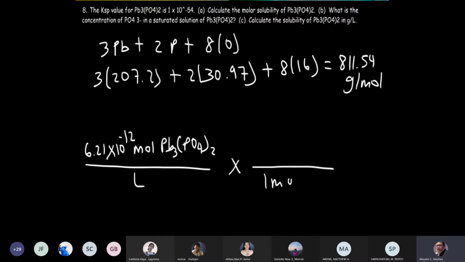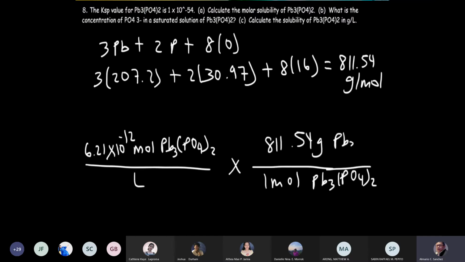So we're going to put 1 mole on the bottom. That's 1 mole of lead 2 phosphate, and it has a mass of 811.54 grams. So the units moles of lead phosphate will cancel, and this will give us the solubility in grams per liter.